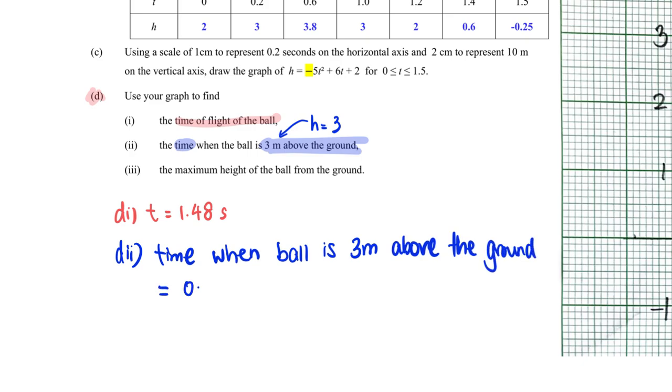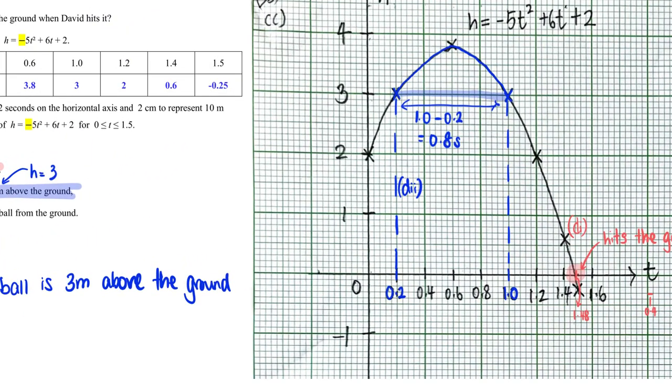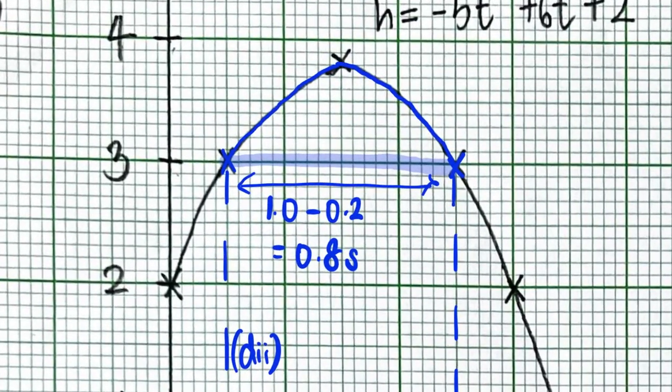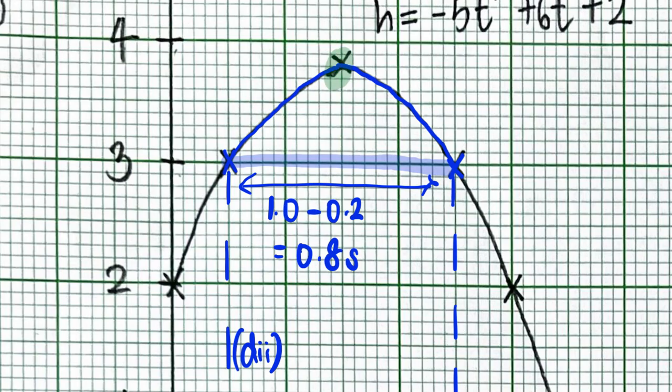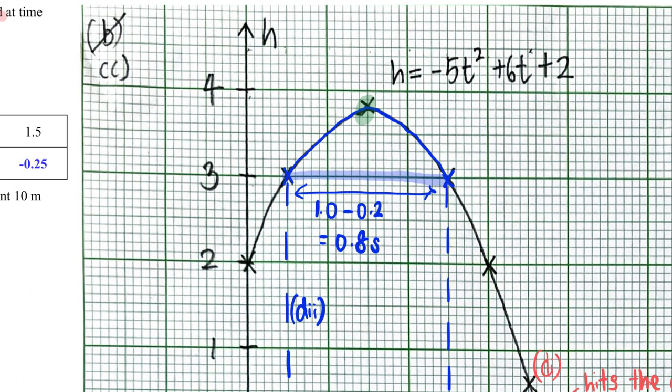equals 0.8 seconds. And the last part of this question is the maximum height of the ball, and in this case it is actually here where it hits 3.8 meters.